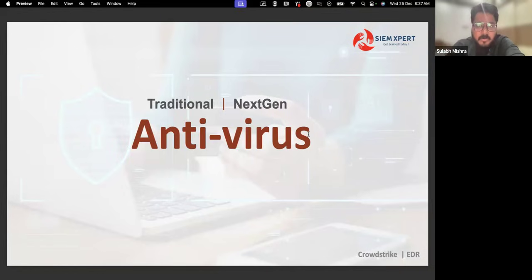Which is fine if you're uploading something, but it is accessing all the files within your system or a particular directory. Or let's say Chrome is opening your PowerShell or command shell and trying to run some commands.